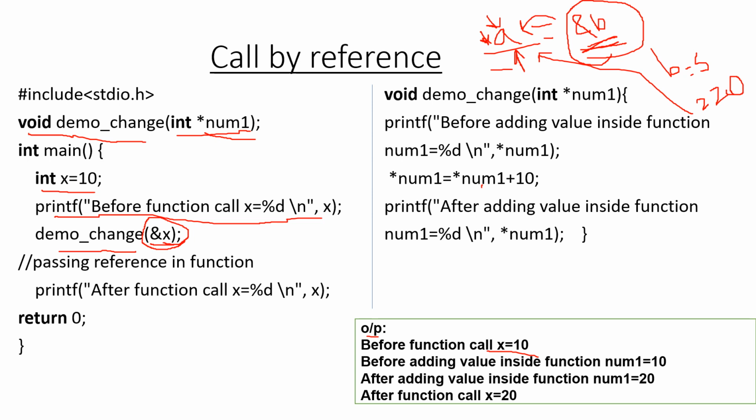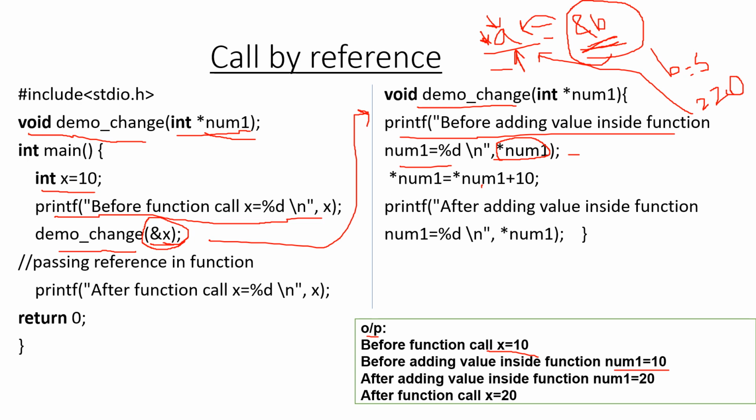Now when I jump to this sentence, you can see in void demo change, first of all, I'm just printing the value of this variable. You are dealing with pointers, so you will always mention star with this value. So the first sentence is simply printing the value of x. You can see here in num1 the value is 10.